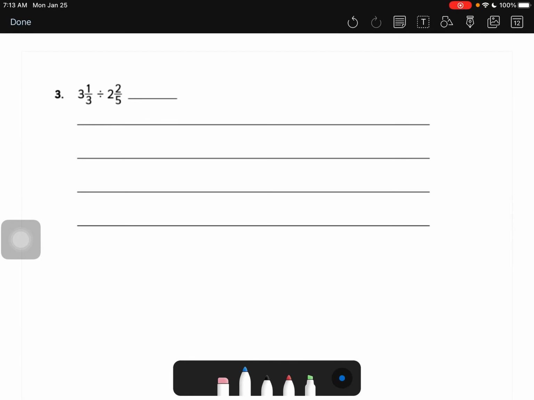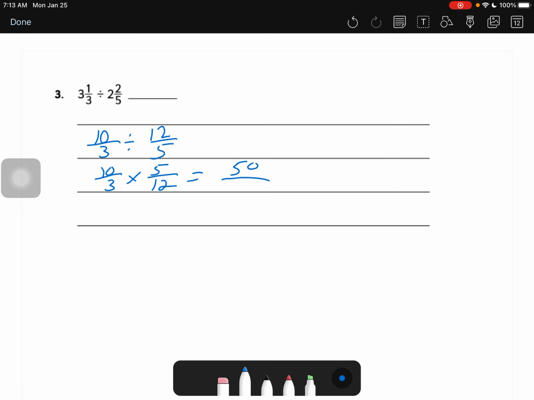And number 3, 3 times 3 plus 1, that would be 10 thirds divided by 2 times 5 plus 2, would be 12/5, and we're going to rewrite that. 10 thirds times 5/12, and 10 times 5 is 50, and 3 times 12 is 36.